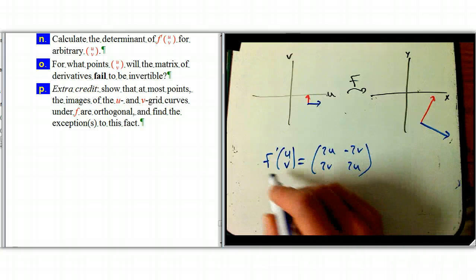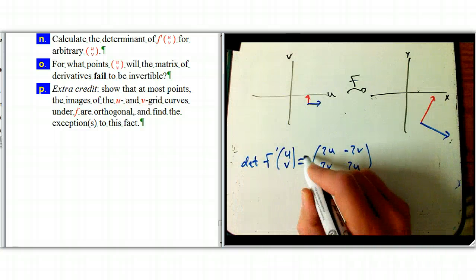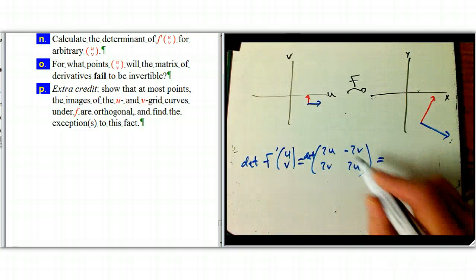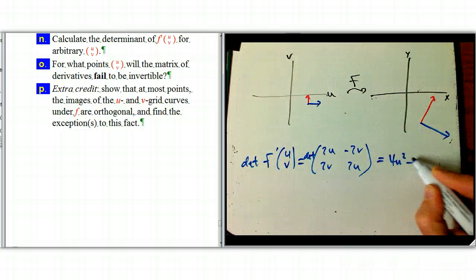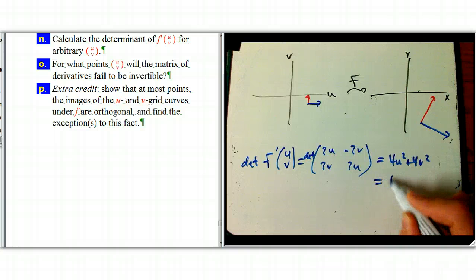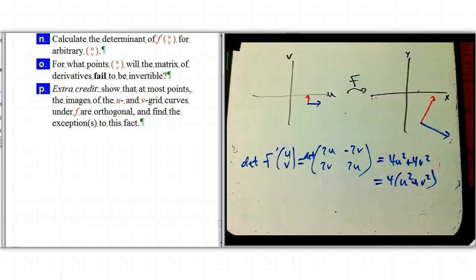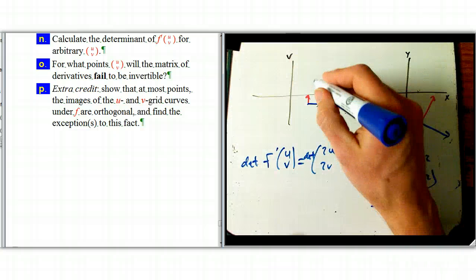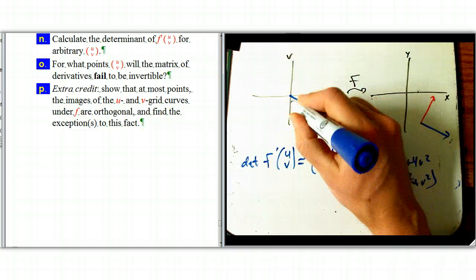And so the determinant of that is just going to be 4u squared plus 4v squared. That's 4 times u squared plus v squared. Well, that combination should be familiar. That is equal to 4r squared if we use polar coordinates over here.